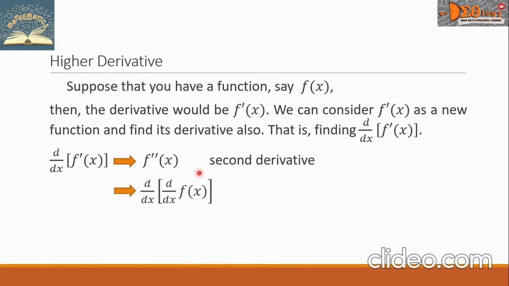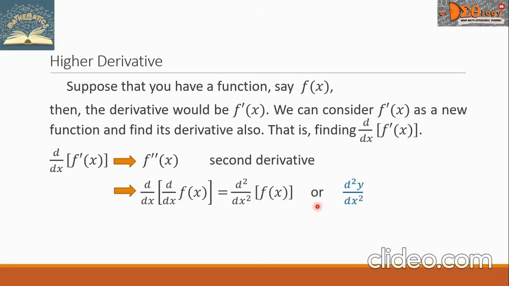We can show also that the second derivative is d over dx of d over dx of f of x. And simplifying this, we may show that d squared over dx squared of f of x.